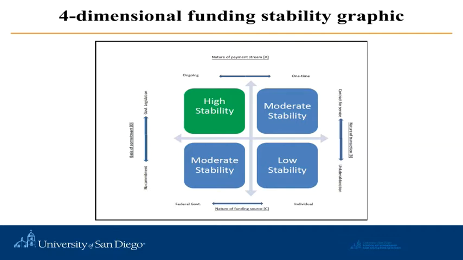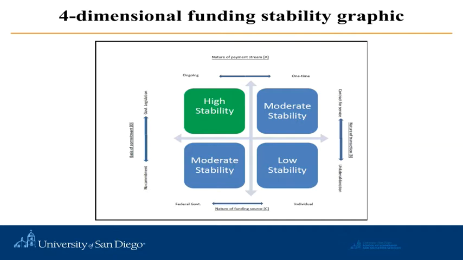The unilateral donation is just not that stable. It happens because of that particular donor, but you can't really plan on it like clockwork, whereas with a contract for service, as long as you deliver, and as long as that service is in demand, you should be able to count on that revenue.